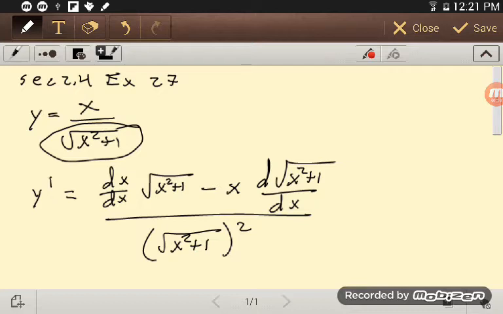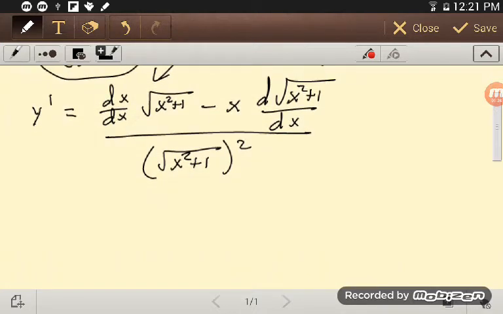Okay, so this first part, no big deal. Derivative of x with respect to x is 1. But here, as I do that derivative, what I have to notice is I have these two composed functions. I have the x to the 1/2 function, or something to the 1/2 function, and I also have the x squared plus 1 function.